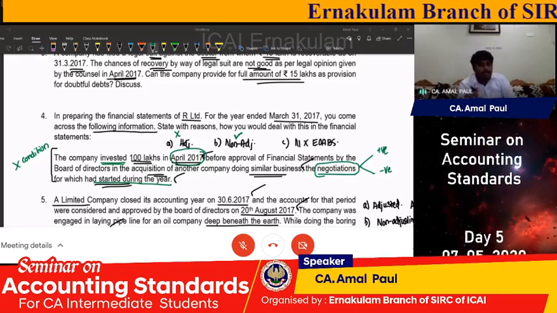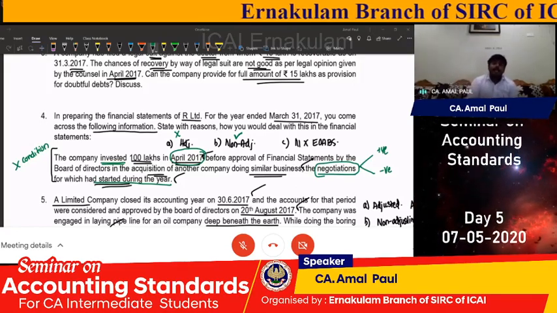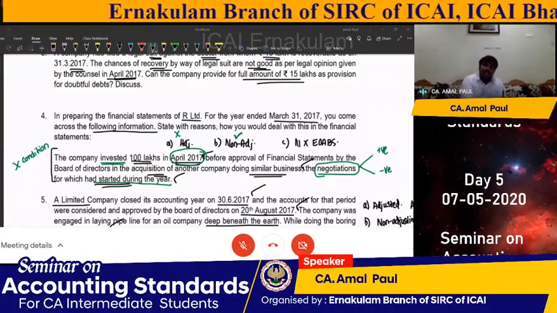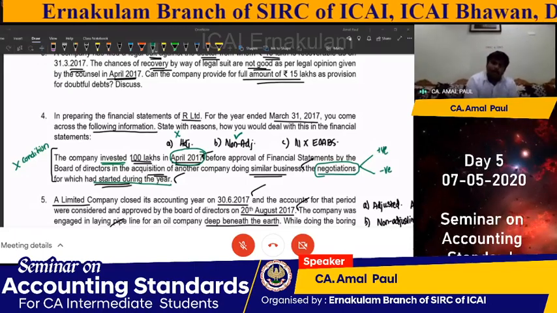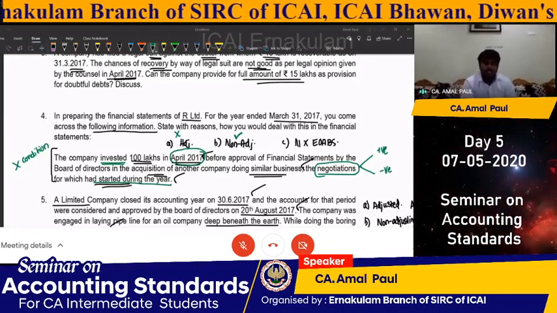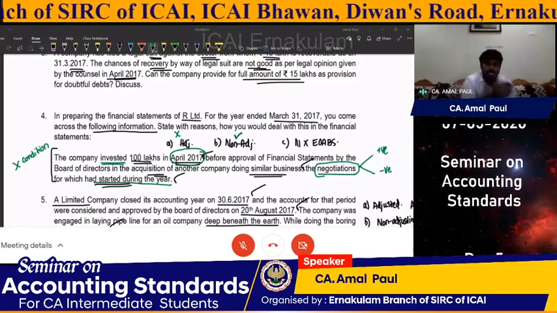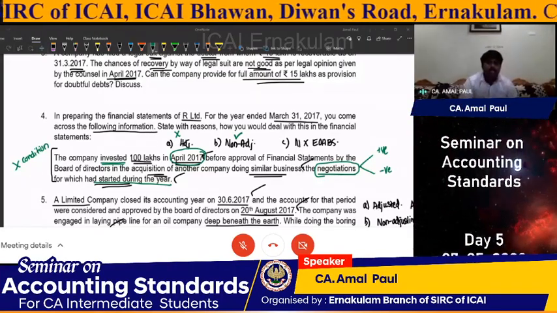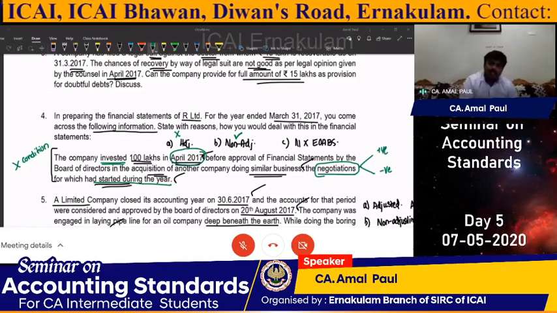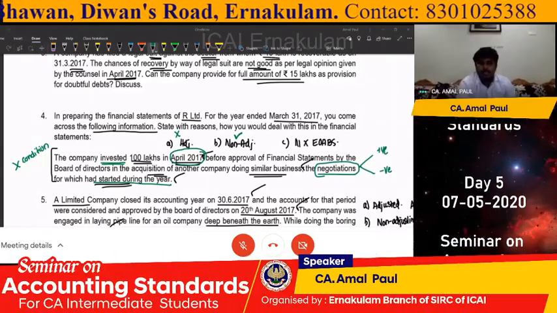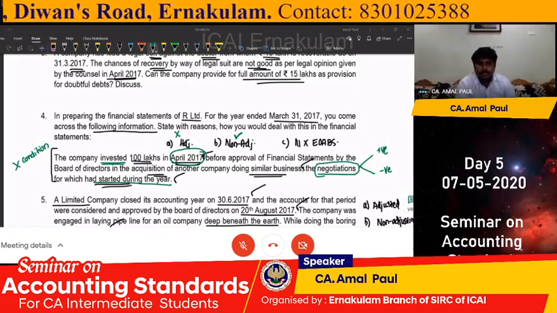When it comes to non-adjusting events, by considering significance and materiality, we may provide disclosure in the financial statements, but we cannot adjust those items. So this will be a non-adjusting event itself. Clear? Are you clear with this?